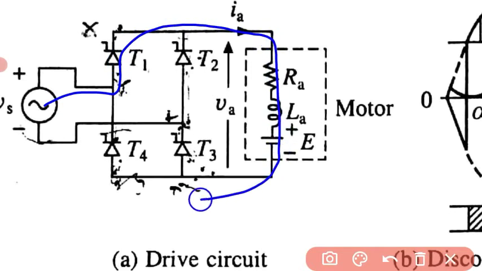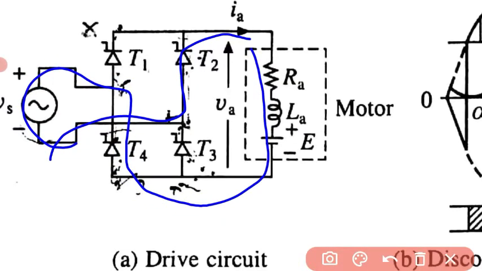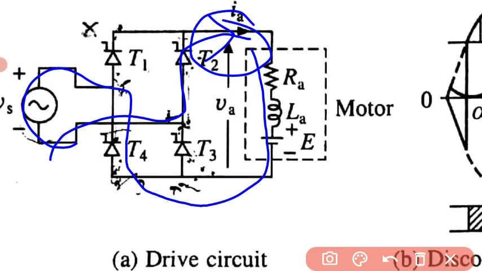Then the current goes to zero, then T2 and T4 are turned on, and the current flows like that. If you are looking at this, the current is in the same direction only. Okay, in one direction only it moves.